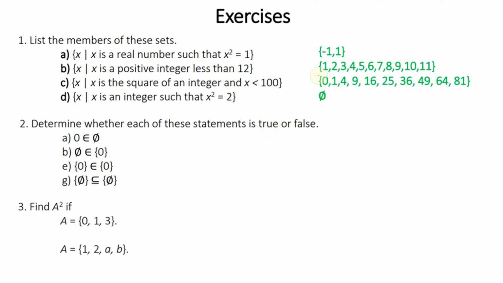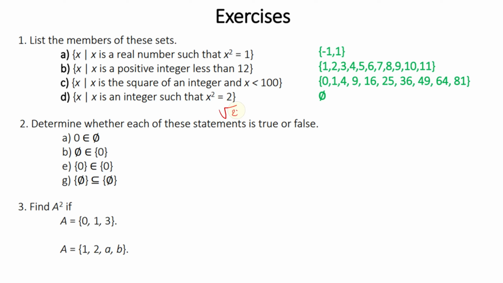I did not include 0 though, because 0 is an integer, and the square of it is going to be 0. The negatives cannot be included, but 0 actually is one of them. So 4, 9, and the last one is the empty set, because if x is an integer, that x squared equal to 2 is not possible.